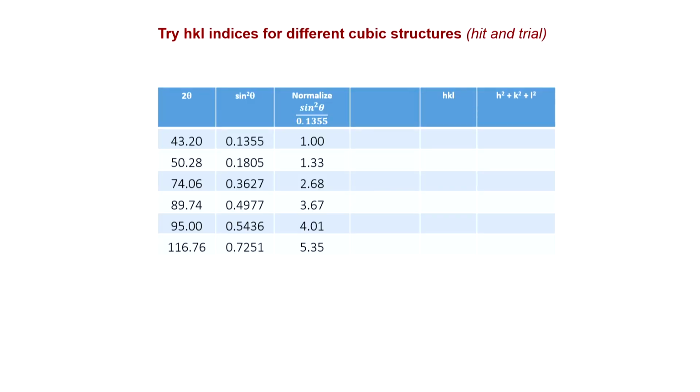So, I have 110, 200, and I will also write down h square plus k square plus l square as well.